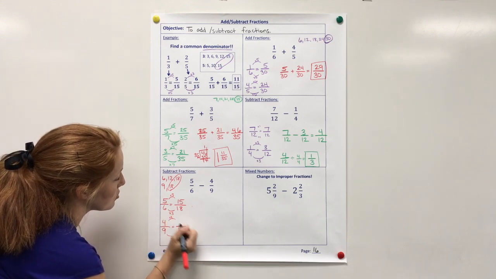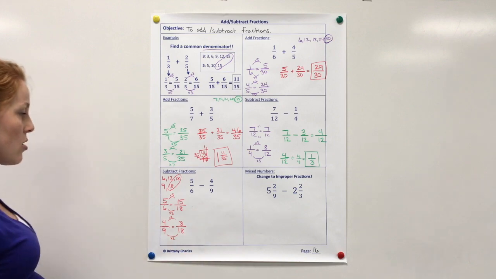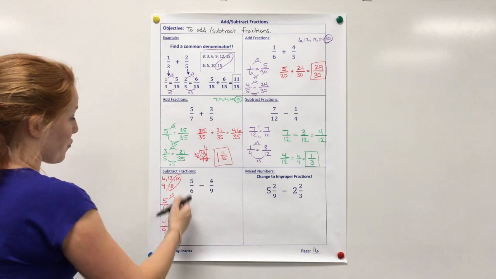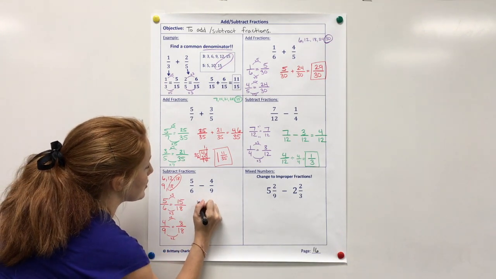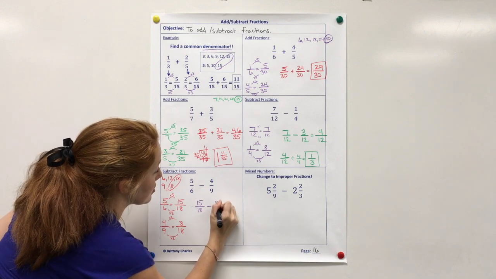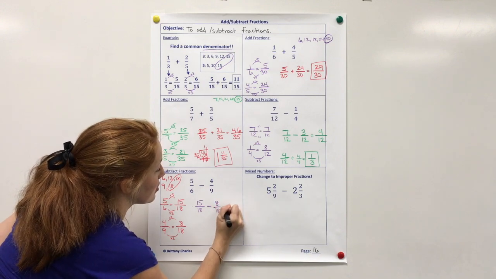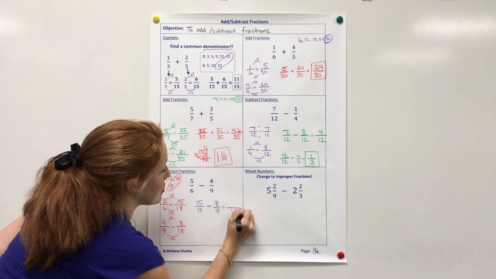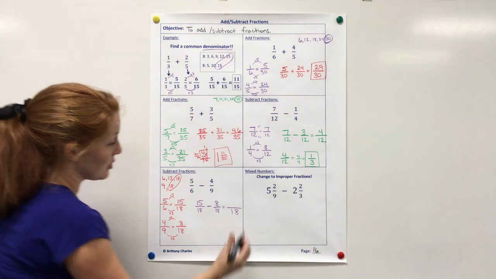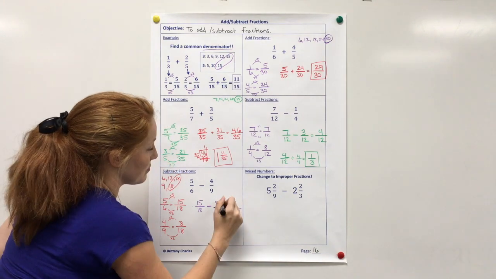So 4 times 2 is 8. All right. Now I need to subtract these two fractions. 15 over 18 minus 8 over 18. Denominator stays the same, and now I just subtract 15 minus 8 to give me 7.